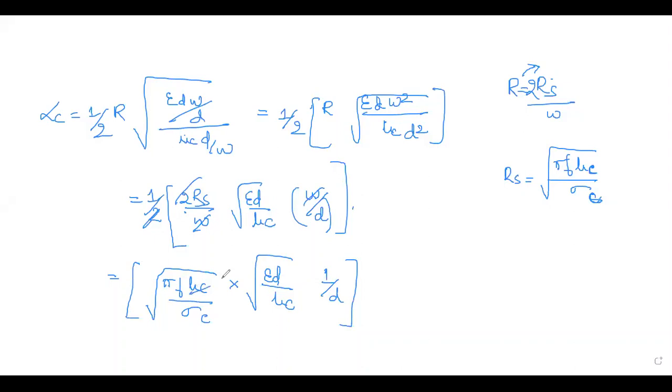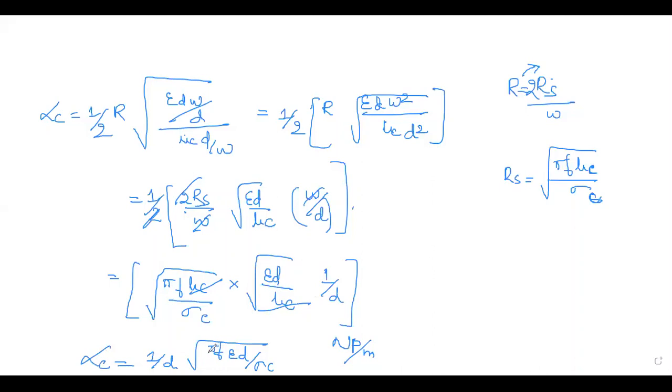Now here mu_c and mu_c will get cancelled. So you'll be left with the equation 1 by d square root of pi f epsilon_d divided by sigma_c, which is again Nepers per meter. So this is the dielectric constant equation for a lossless line in terms of ohmic attenuation constant.